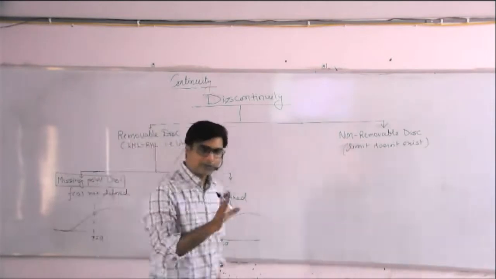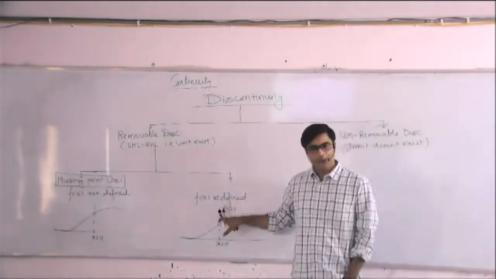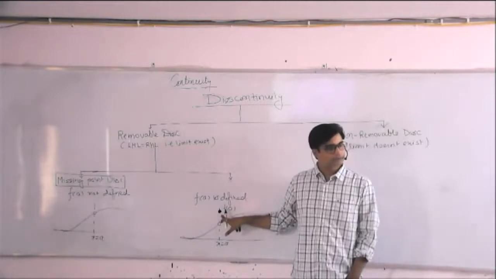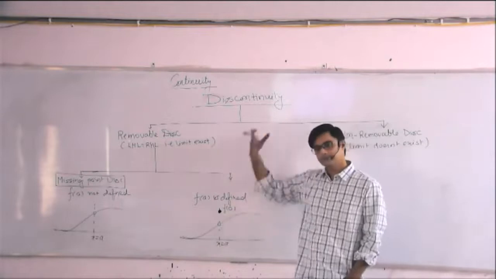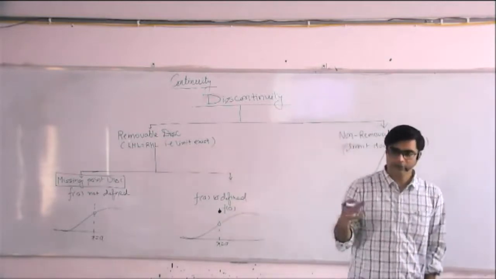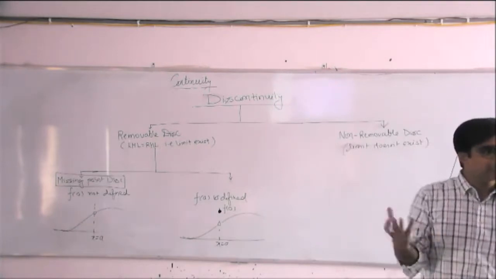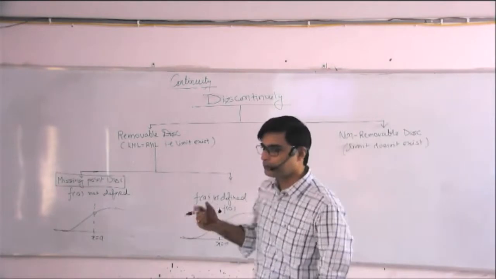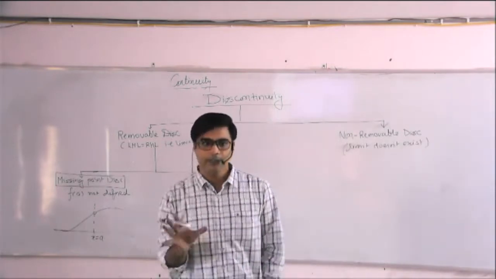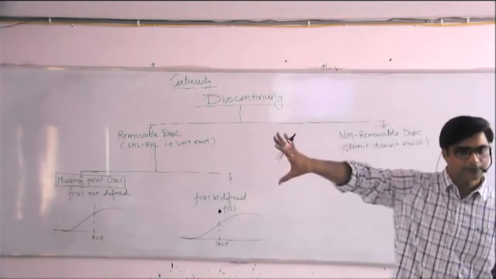Now tell me, this f of a value, this point is all alone? Your curve is somewhere here and this point is somewhere else. It is all alone. Can I say it is isolated? That's what is happening in our corona times also. Somebody who is showing some symptoms, we isolate that person.